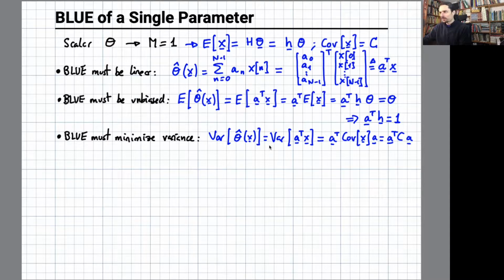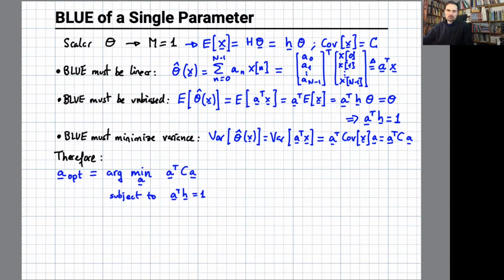Well, by using the properties of variance, just applying standard probability theory, it is the variance of A transpose X, which equals A transpose times the covariance of X times A, okay? And this is nothing but A transpose C A. That is our second assumption, okay?